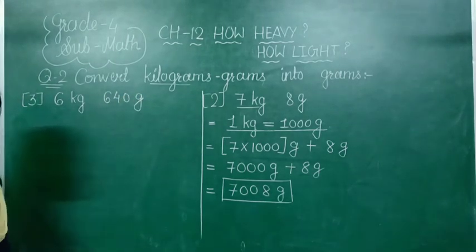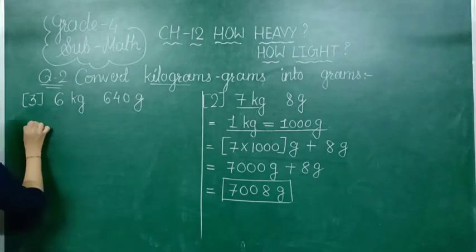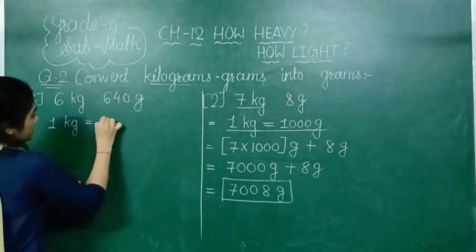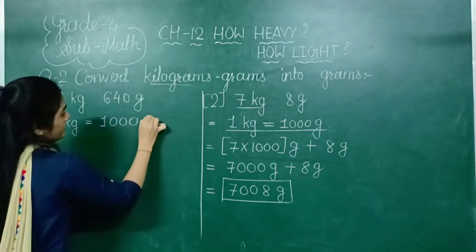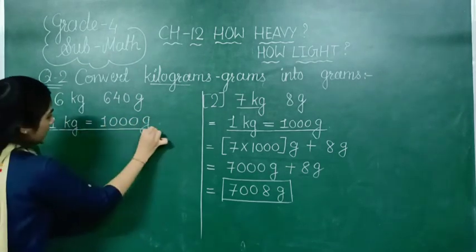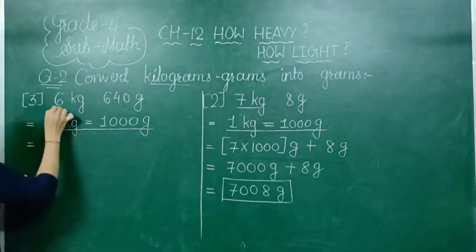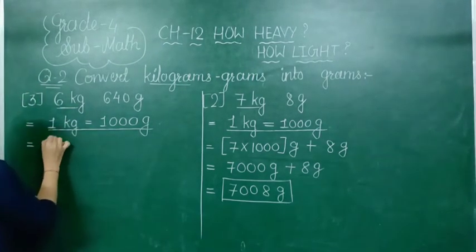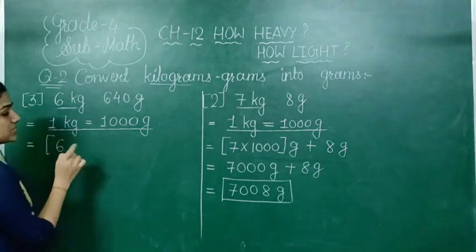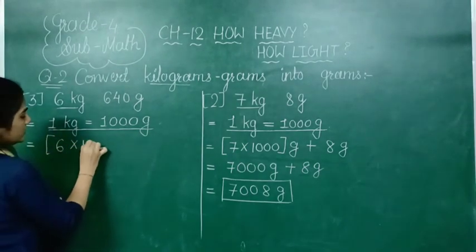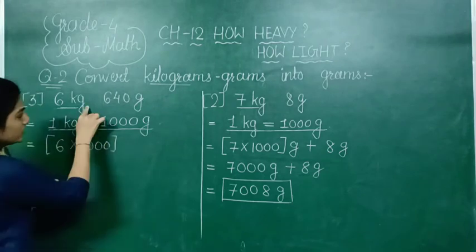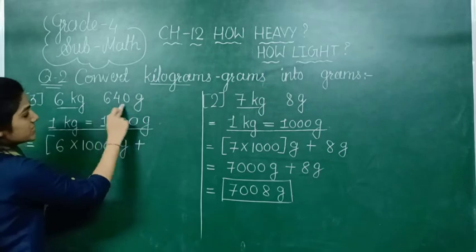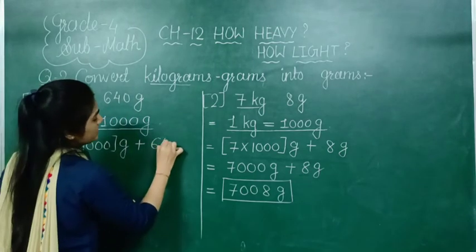Now first we are writing this formula. 1 kilogram is equals to 1000 gram. Mention it with underline. Second step, this 6 kg we are converting into gram. So to this 6 kg means we will multiply this 1000 with this 6. Remove this kilogram unit, put gram, plus this 640 gram will remain same.